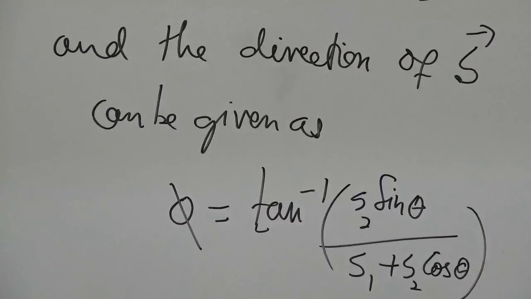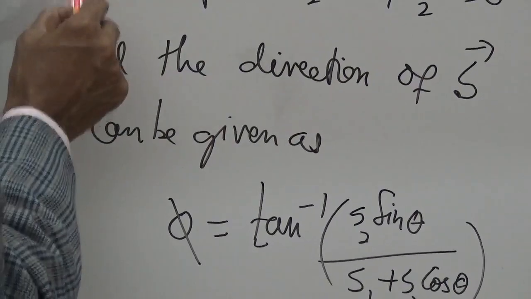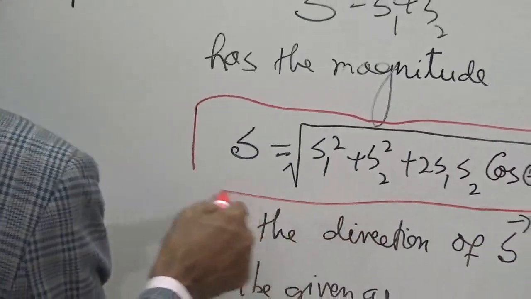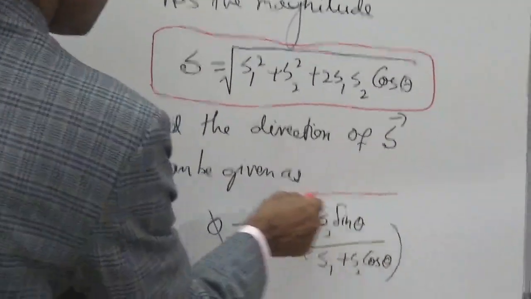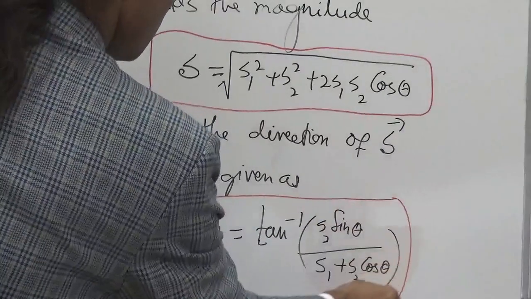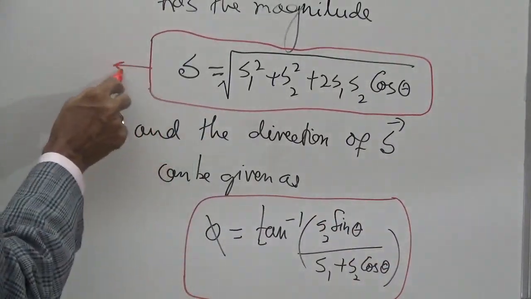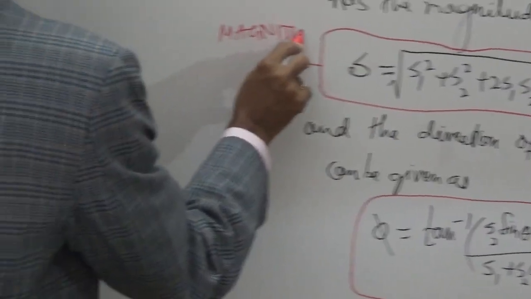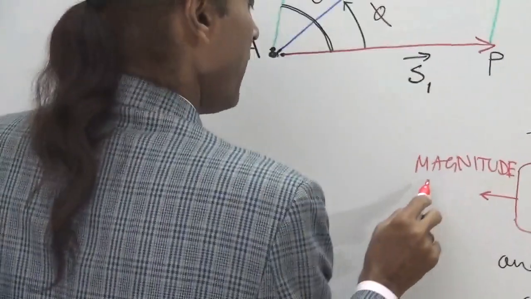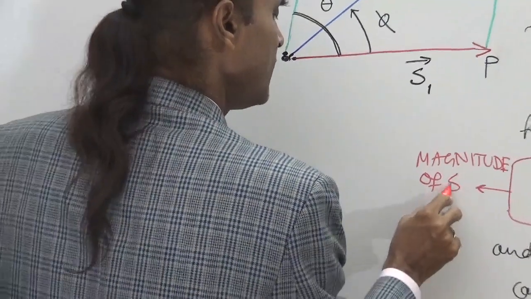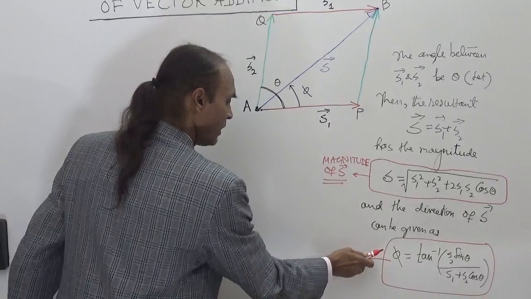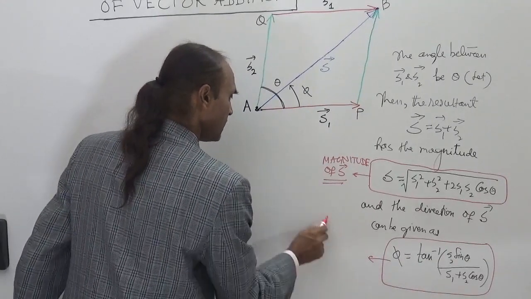So these are the expressions for the magnitude and the direction. This is the magnitude of the resultant, and this formula gives us the direction of the resultant.